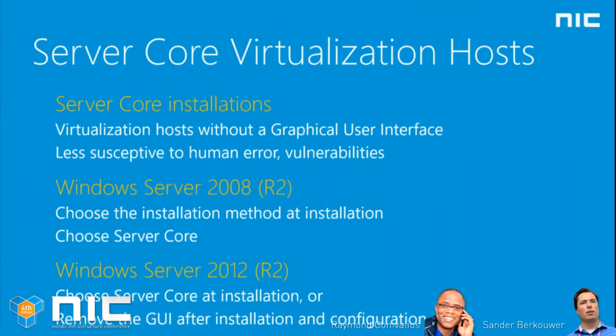Now on Windows Server 2008 and Windows Server 2008 R2, you must choose the installation option at install. There's also a Hyper-V server installation option that is a server core installation with just a Hyper-V role and some other roles that don't really matter. And then on Windows Server 2012 and 2012 R2, you could just install it as a fully blown Windows server with a graphical user interface, with the GUI.